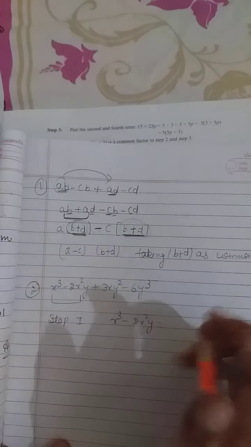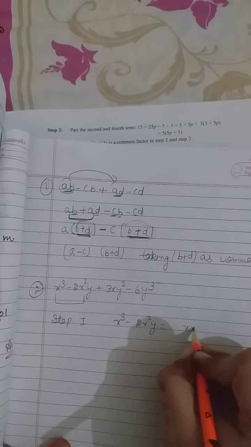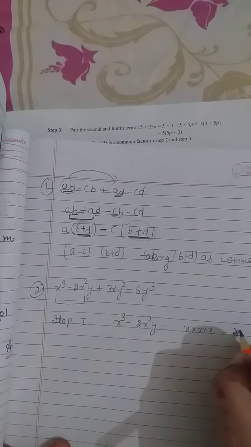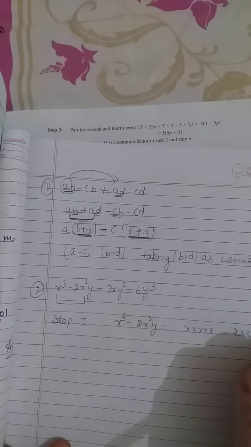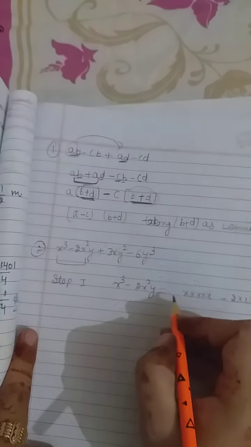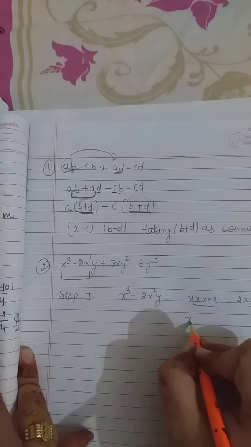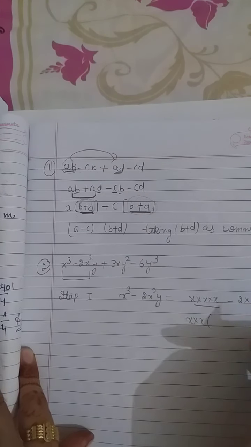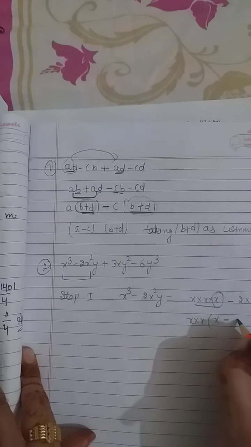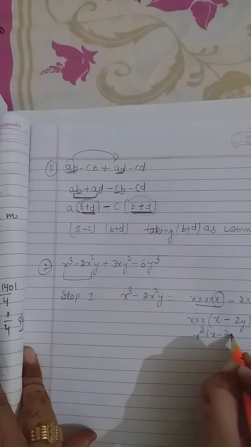How can we write it? x power 3 means x written 3 times, minus 2, x power 2 means x written 2 times, into y. Which is common? Here x comes 3 times, here x comes 2 times. So we write x² common and start the bracket. What is left? Only x − 2y. So x²(x − 2y).